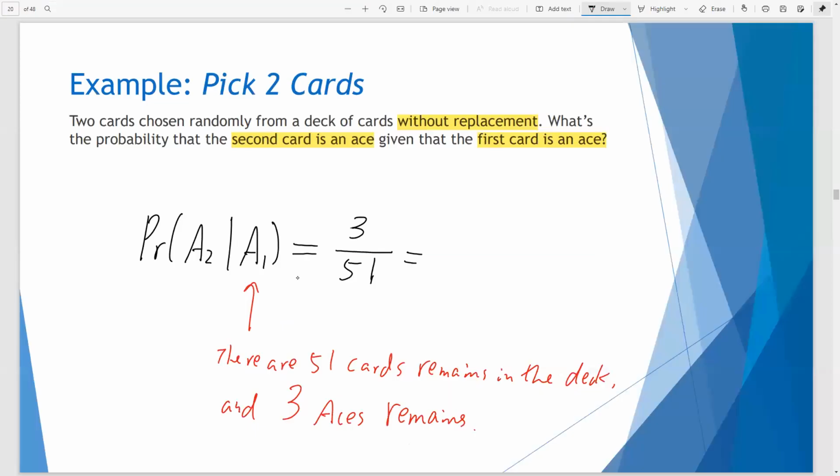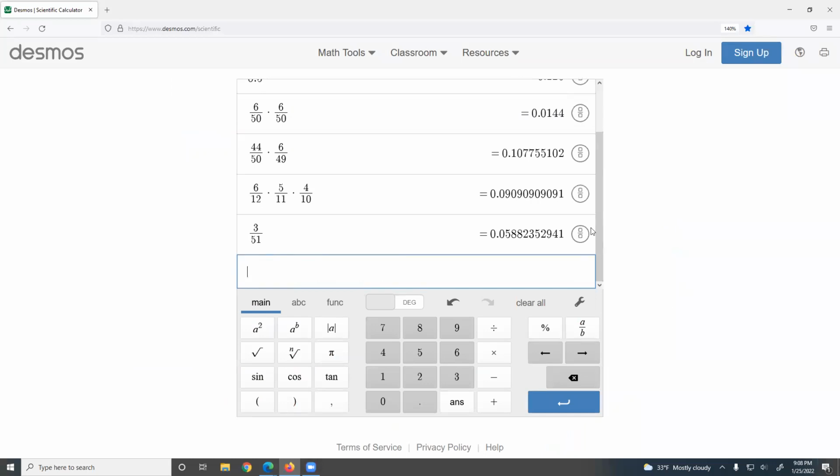So 3 out of 51 is 0.0588. Right, the calculator can express it as a fraction. Simple fraction, that's 1/17. You can express your previous result as a fraction as well to see what's going on, but it's not necessary to simplify it.